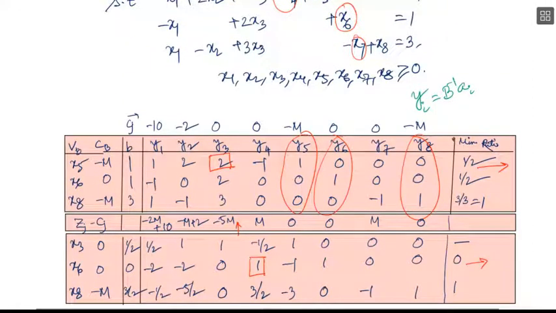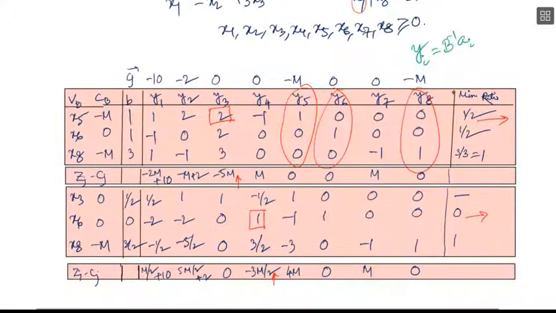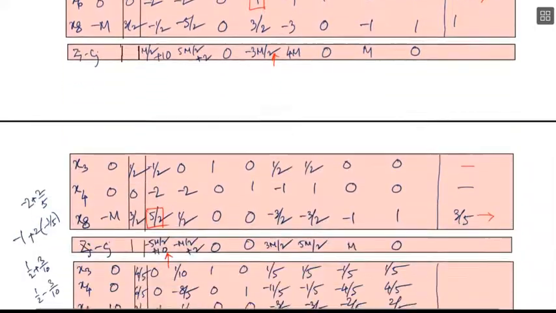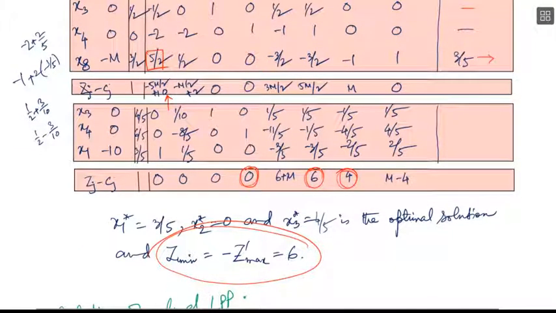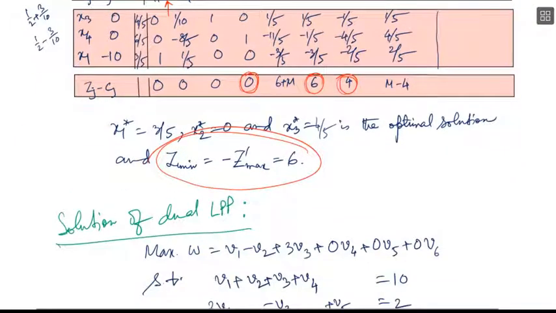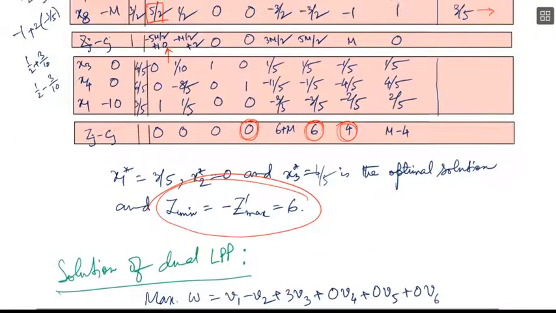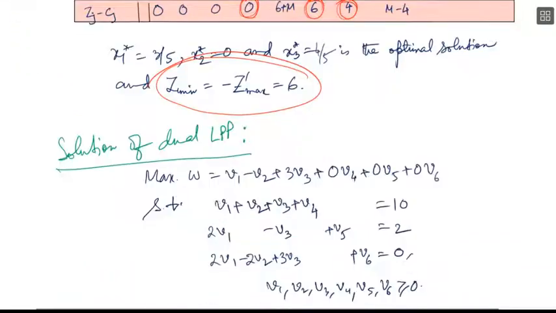Yes, its cost is 0, that is, it was not present in the objective function. So the objective value will be minus 10 times 3 by 5 minus 2 times 0 plus 0 times 4 by 5, so it will be 6. So the values of the decision variables are 3 by 5, 0 and 4 by 5 in the primal problem.